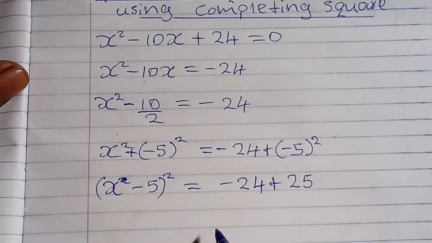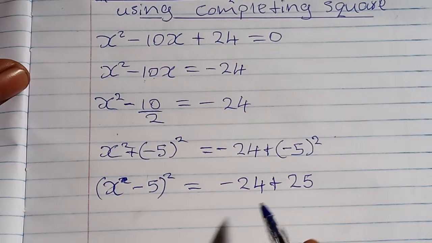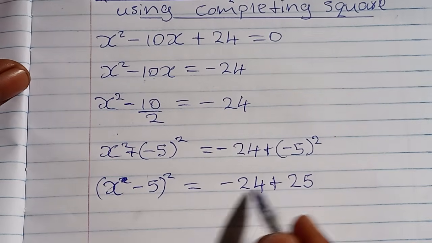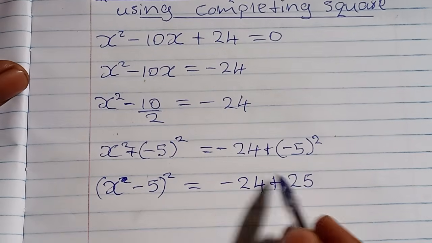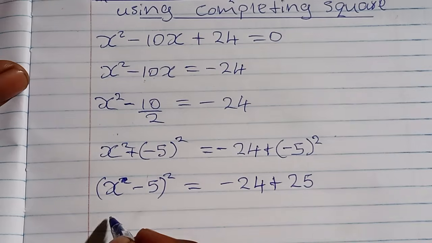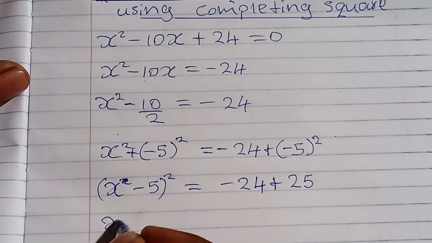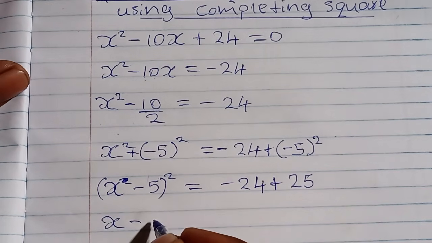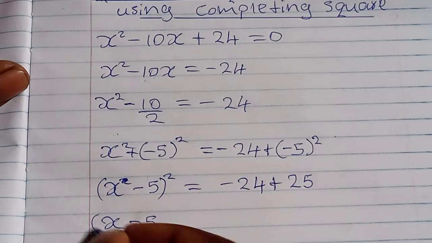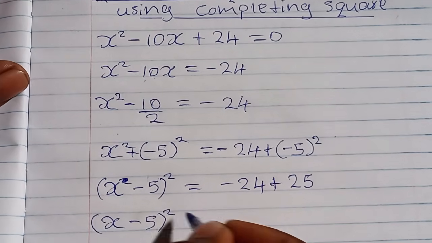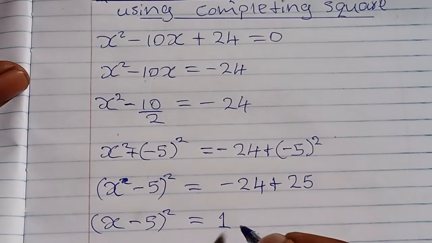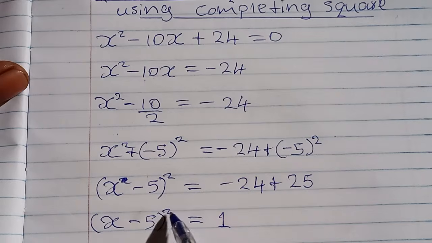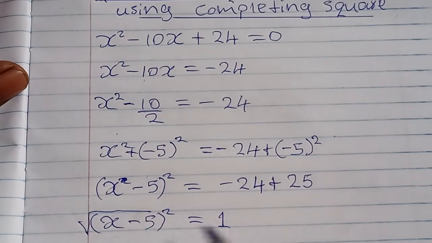Then at this stage, we are going to have 1 after working out these terms. They are like terms, so we can add them. So when we add them, we are going to have a 1. So we are going to say x minus 5, in brackets, squared is equal to a positive 1. To get rid of this square, we are going to introduce square roots on both sides.